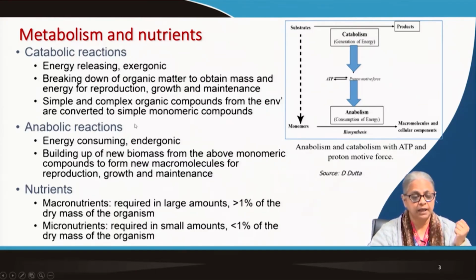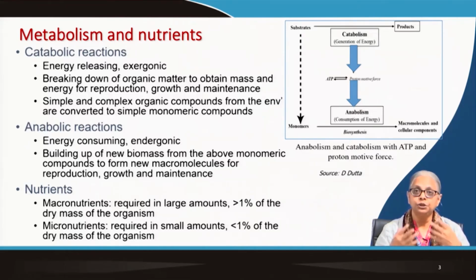Now anabolic reactions consume energy, where the monomeric units that are generated in catabolic reactions are then put together again into new macromolecules. These new macromolecules will replace damaged ones, or they will be used for reproducing and creating new biomass, new cells, and so on.